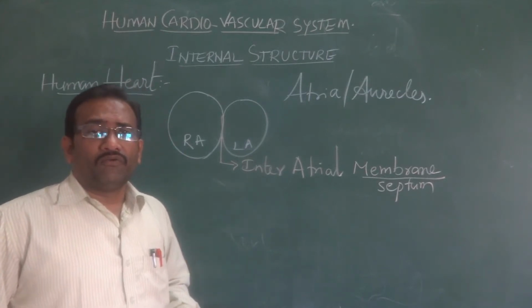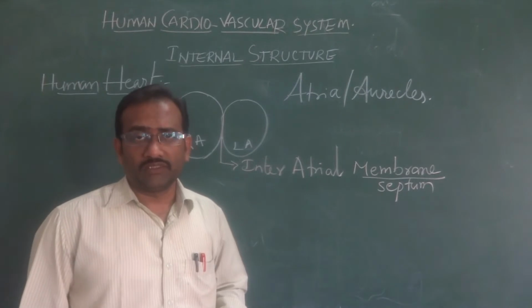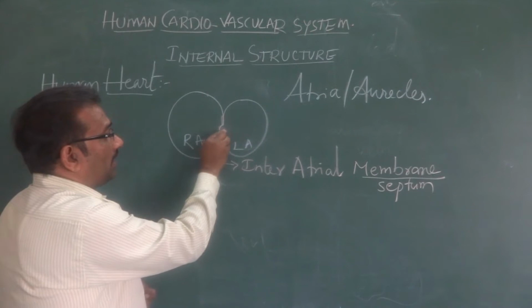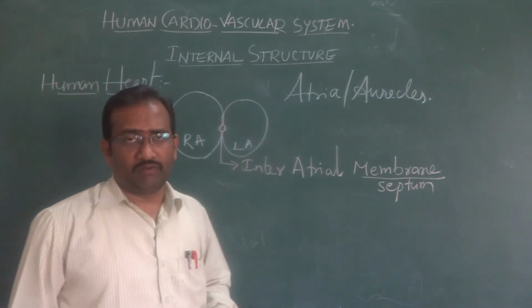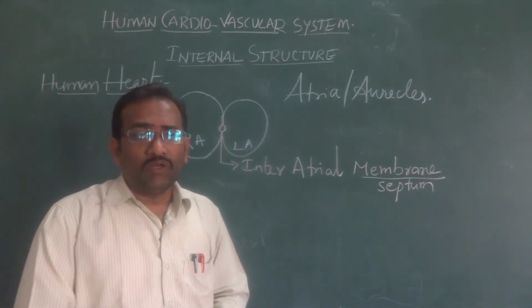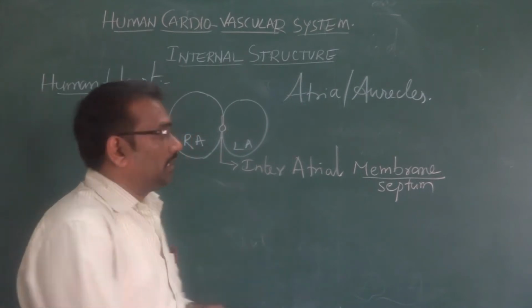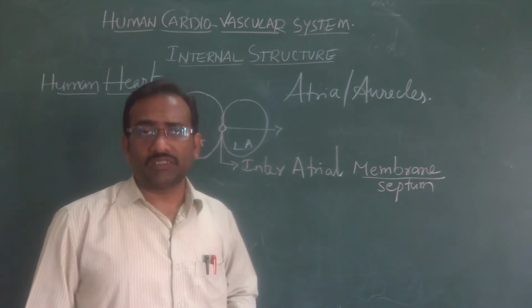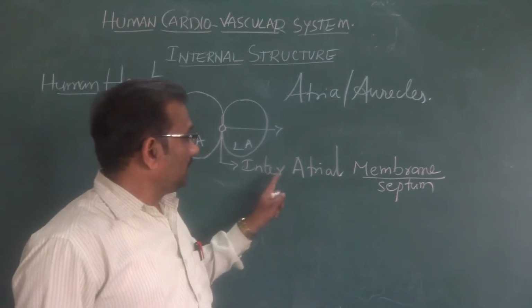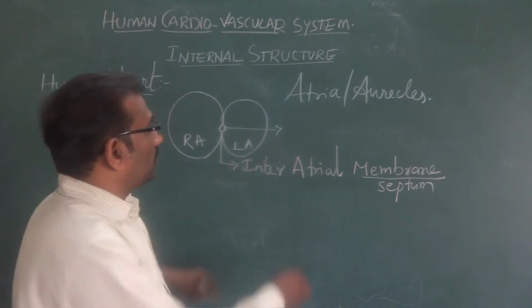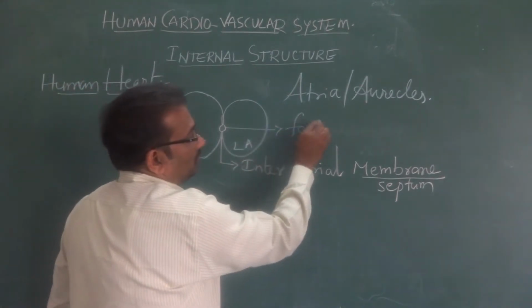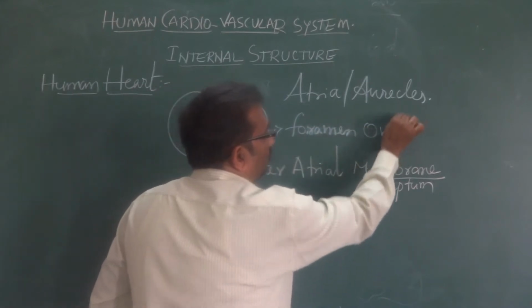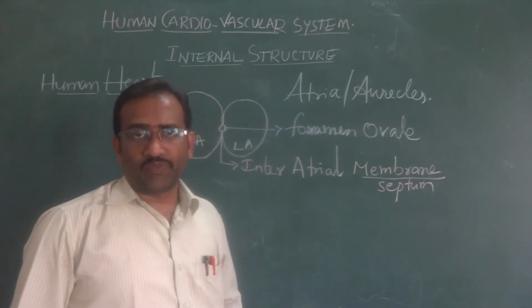In the fetal heart, the interatrial septum has a hole. This hole is called the foramen ovale.